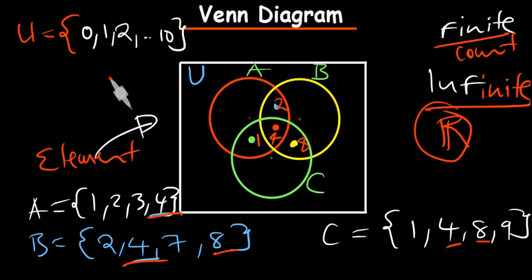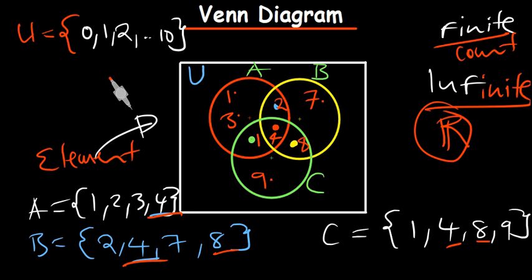So if I go into A, what's remaining there? If I remove 2 and 4, 1 and 3. So I'm putting a dot to indicate that they are members. For B, of course, you see that we have 7 remaining. For C, you have 9 remaining. So this is basically how you can go about this.